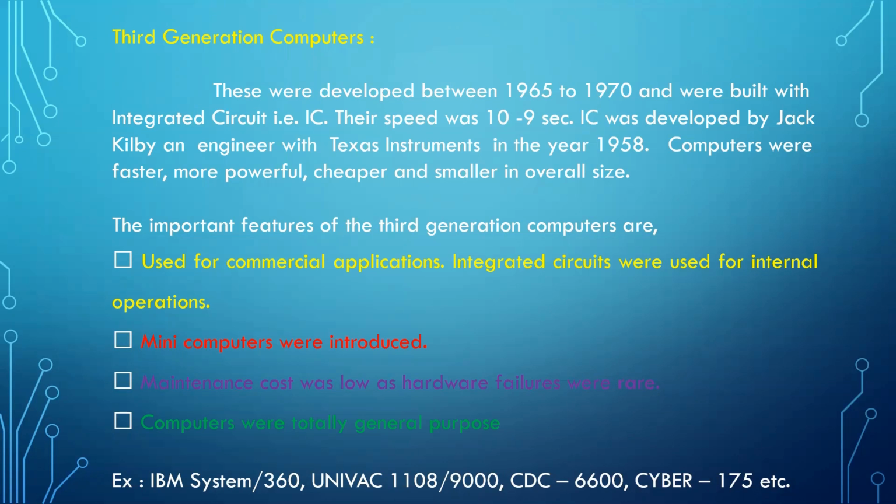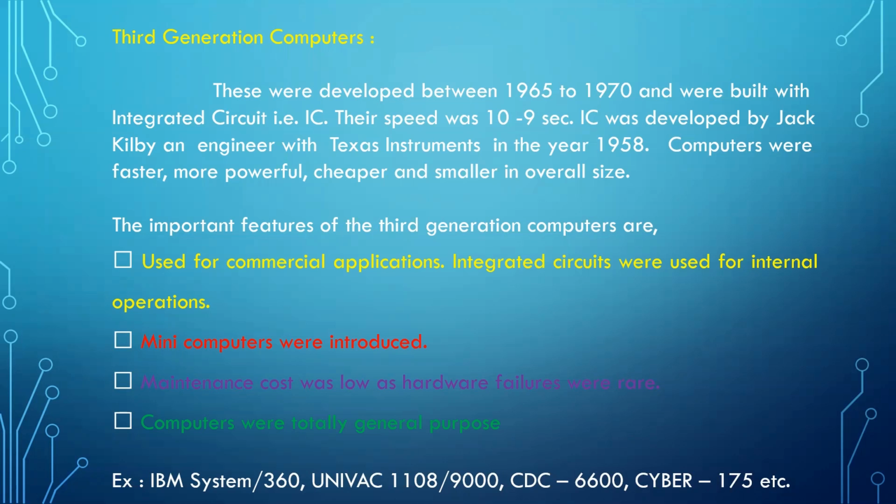It means these third generation computers started being used for commercial purposes. And to perform the internal operations, we use IC. ICs are used for performing internal operations. This is the first important feature of third generation.